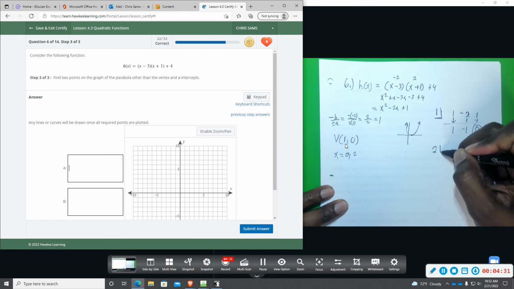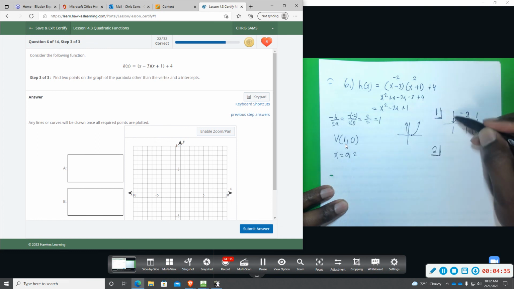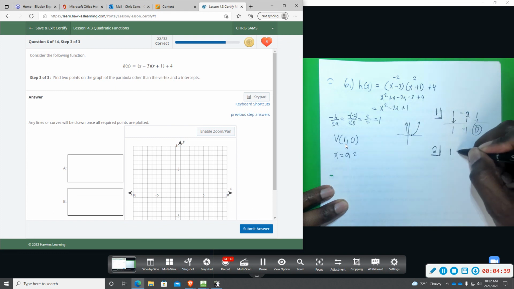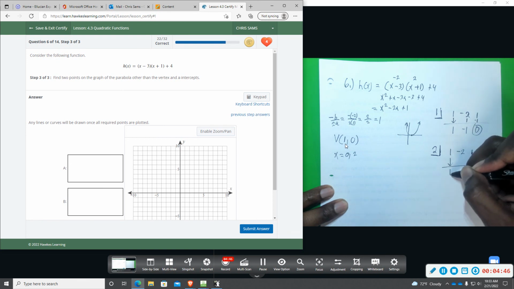So I'm going to do the synthetic. I like doing that one. We're going to list the coefficients from this part right here. So that is 1, negative 2, and 1. Bring the first number straight down. 2 times 1 is 2. Combine those, we get 0. 2 times 0 is 0. Combine those, we get 1. So this is the y value.